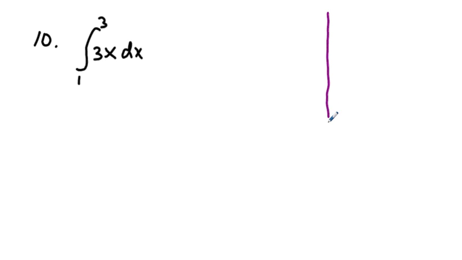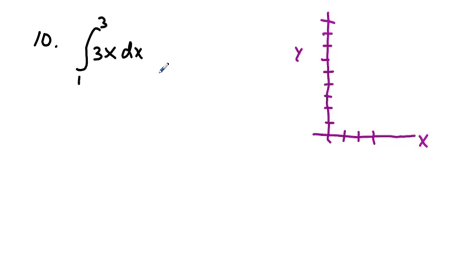We have a y-axis and an x-axis here, and we're going to go between 0 and 3. So on x we go from 0 to 3, and y we're going to have to go up higher. 3, 4, 5, 6, 7, 8, 9. And so here's y, x, and our function is going to be 3x.